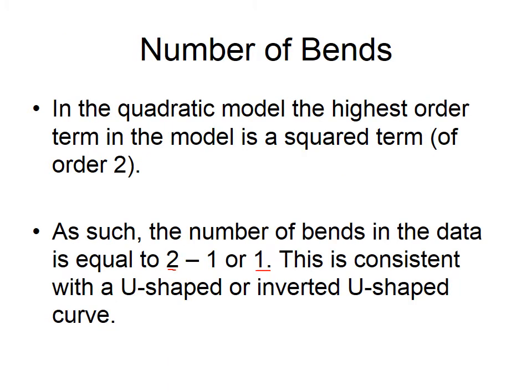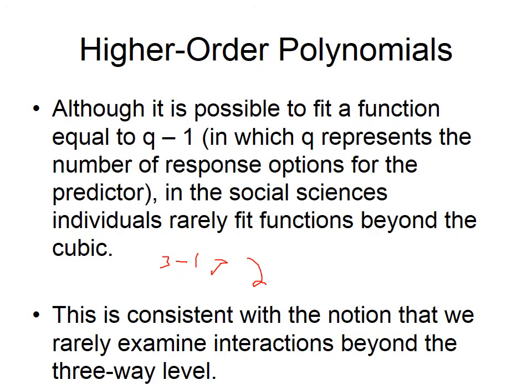If you square it, you subtract 1 and you get 1 bend. If you cube it, you have to the 3rd power minus 1, you'll get 2 bends. And that's not very good handwriting, but basically you get 2 bends when you have a cubic model.